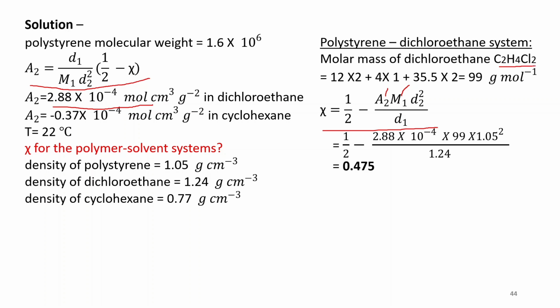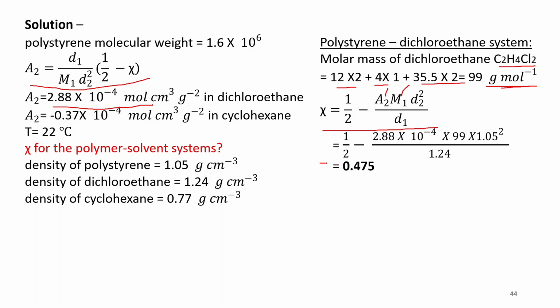So 12 into 2 plus 4 into 1 plus 35.5 into 2 equals 99 as the molar mass of dichloroethane, which is m1. d2 is the density of polystyrene, which is 1.05, and we square it and divide by the density of dichloroethane, which is 1.24.